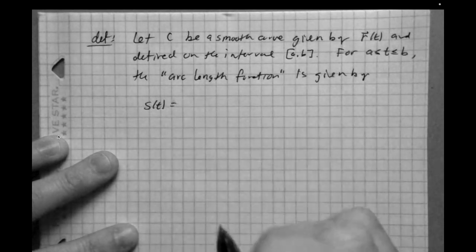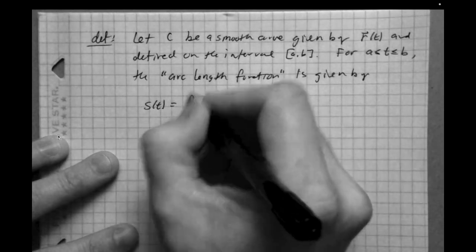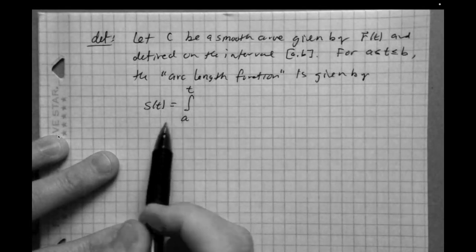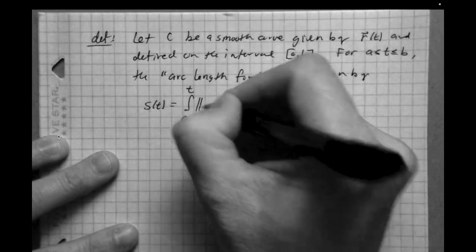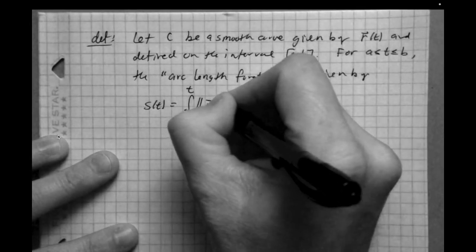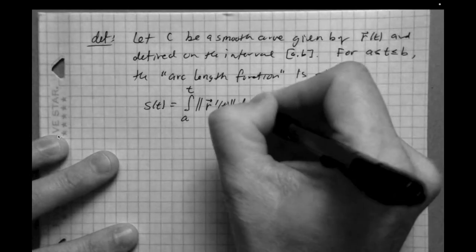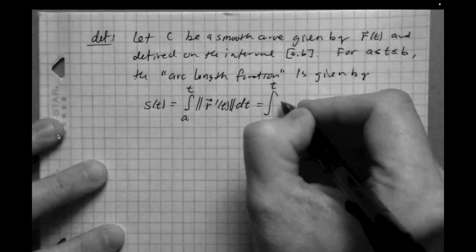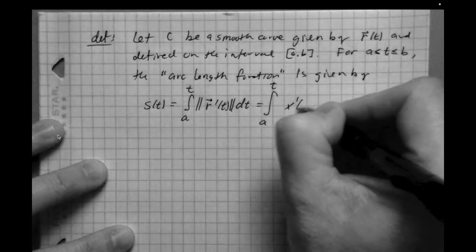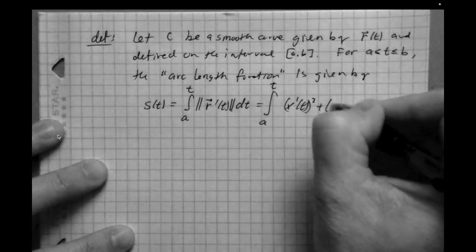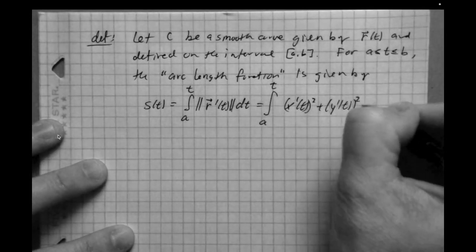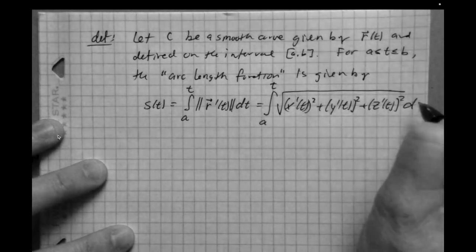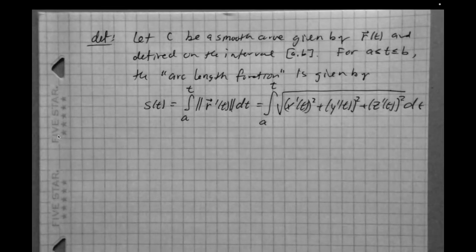So s of t is equal to the integral from a up to the parameter t, where t is between a and b, of the norm of the derivative of r. Okay, we saw what that is in 3D space, but let me just write it out again here. That's the square root of x prime of t squared plus y prime of t squared plus z prime of t squared, integrated with respect to t.